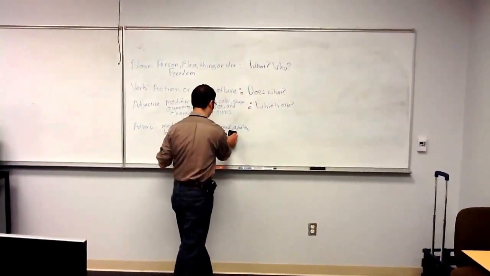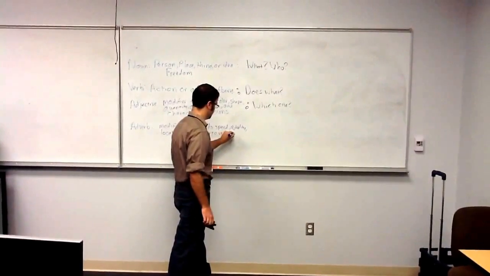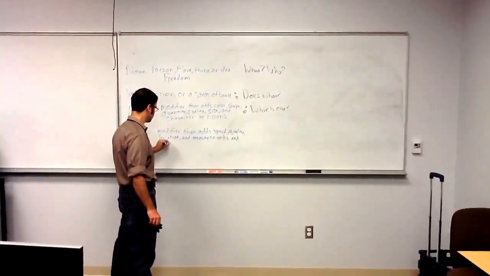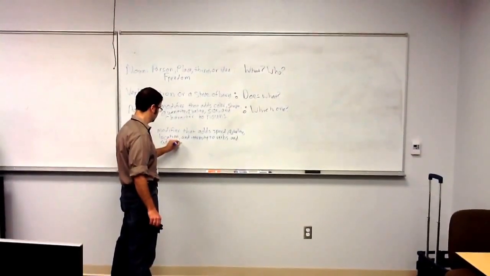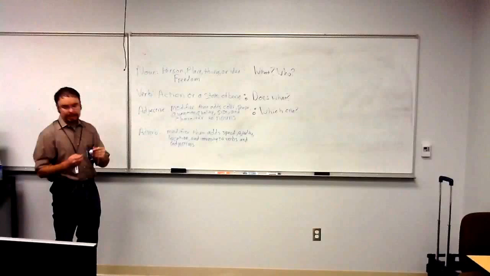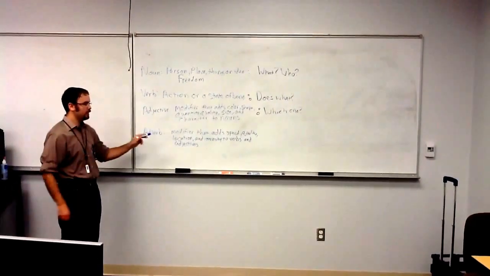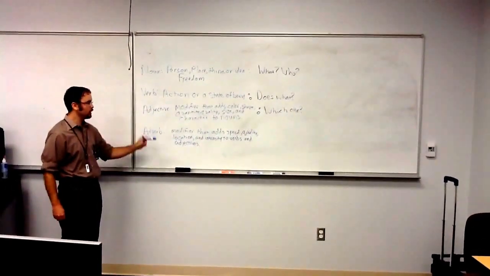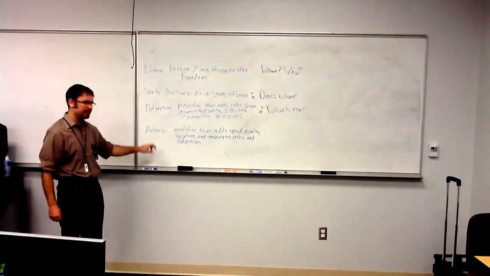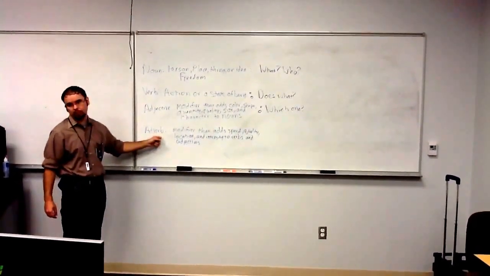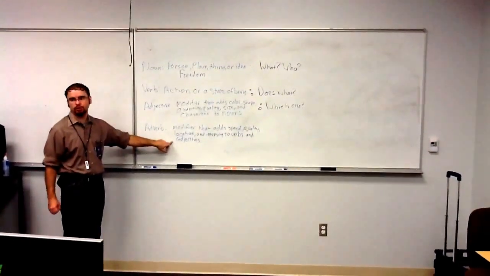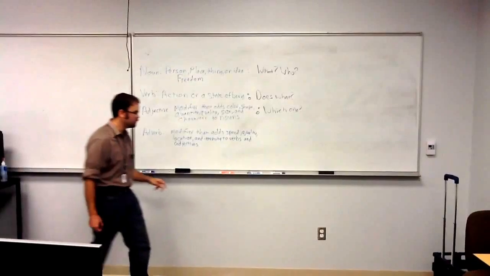Not verbs, verbs and adjectives. An adverb is a modifier that adds speed, quality, location, and intensity to verbs and adjectives. So it adds to the verb, but they also add to the adjectives too, so don't forget that one.